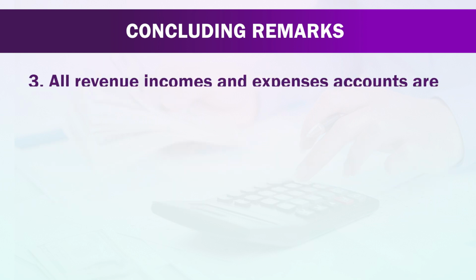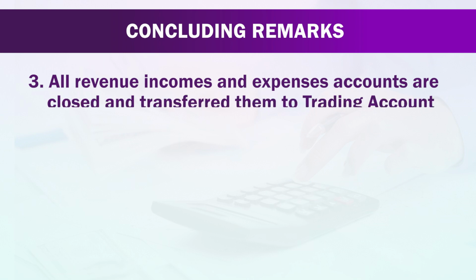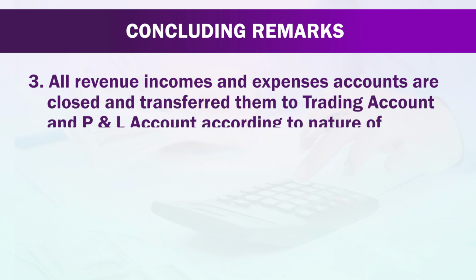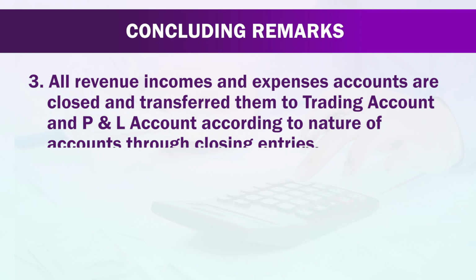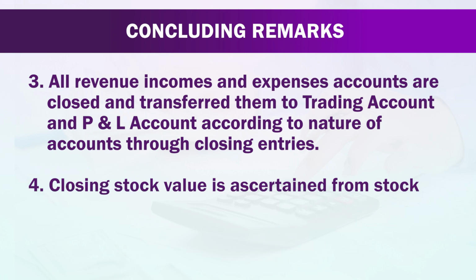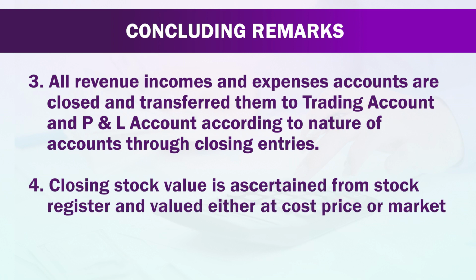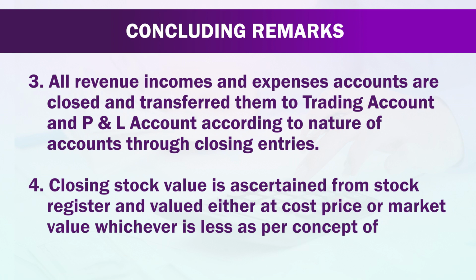All revenue incomes and expenses accounts are closed and transferred to trading account and P&L account according to nature of accounts through closing entries. Then closing stock value is ascertained from stock register and valued either at cost price or market value, whichever is less, as per concept of conservatism.